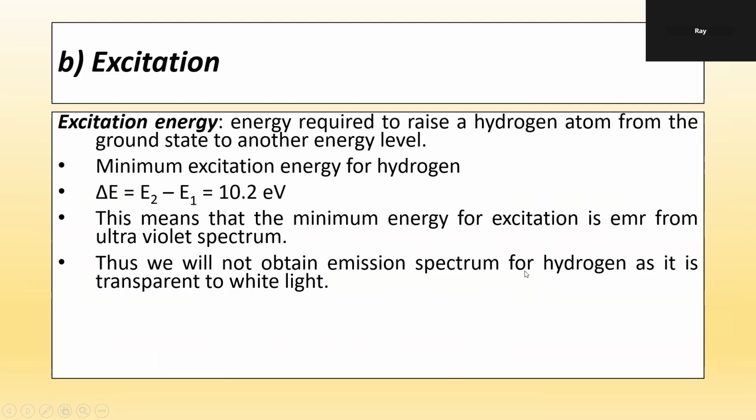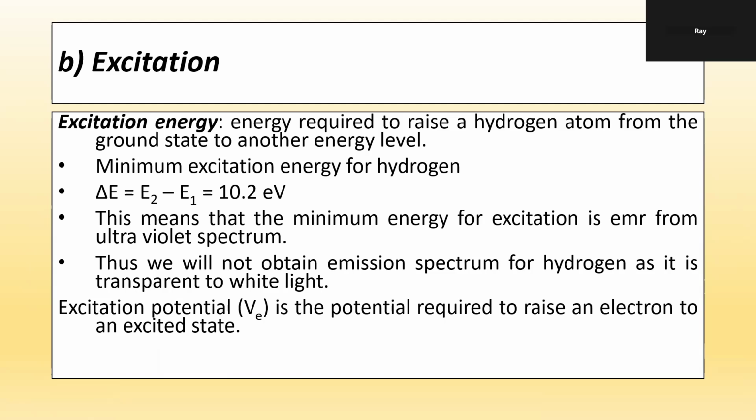If we shine white light through hydrogen gas, it will not cause any excitation because the energy for visible light is about 1.8, very much less than that. Excitation energy is the potential required to raise the electron to the excited state. So it's 10.2.